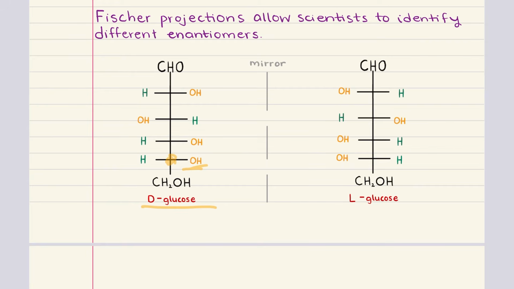If we were to look at the mirror image of D-glucose and look at carbon 5, you will notice that the hydroxyl group is on the left, and that makes it an L sugar. So these two molecules are mirror images and they're non-superimposable, and we looked at the farthest carbon from the carbonyl group to assign them D or L assignments.